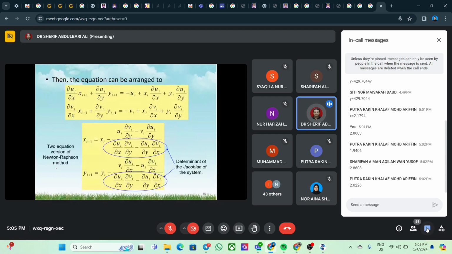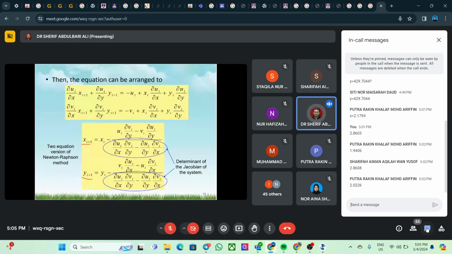The good thing about rearranging these equations is that you get the Newton-Raphson equations to predict a new value of x and a new value of y. This is the same as fixed point: we are trying to find x plus 1 and y plus 1. This is the equation to find x, and this is the equation to find y, based on the initial value of x and the initial value of y.